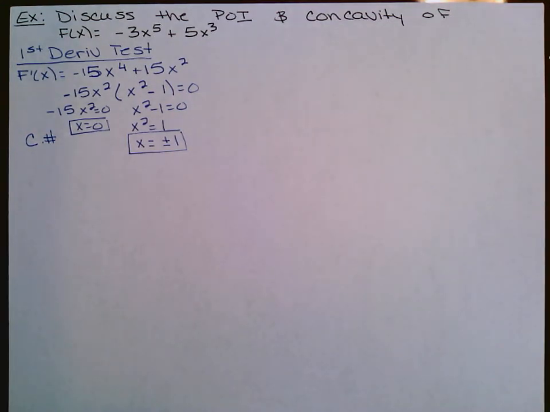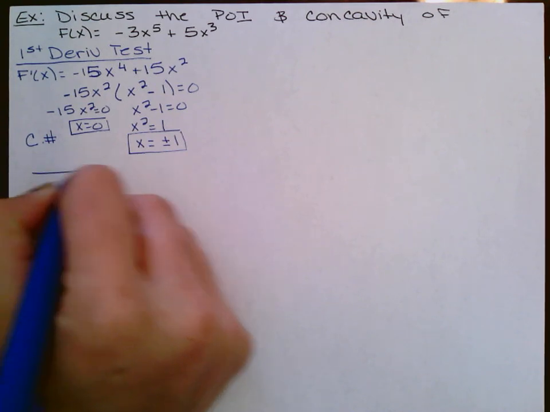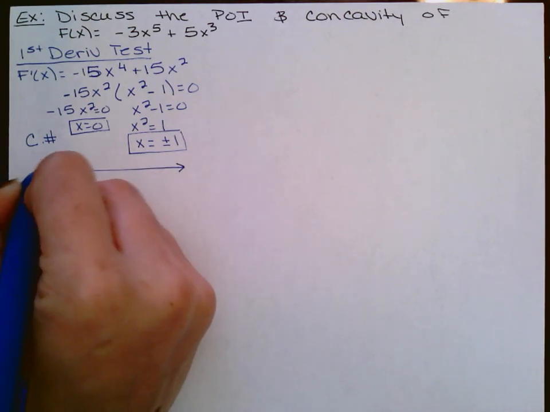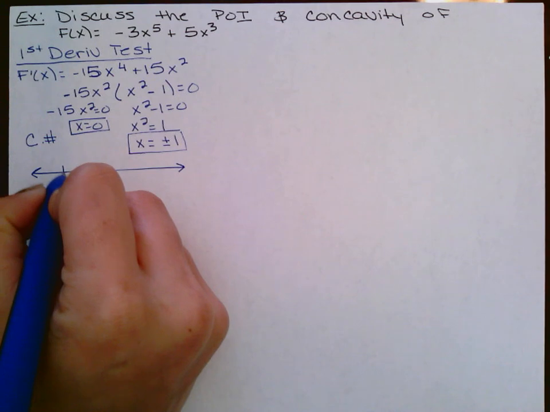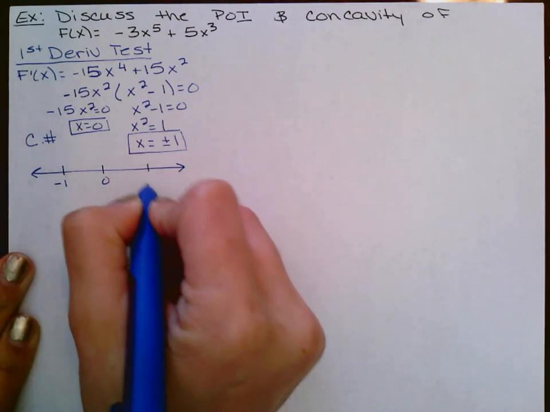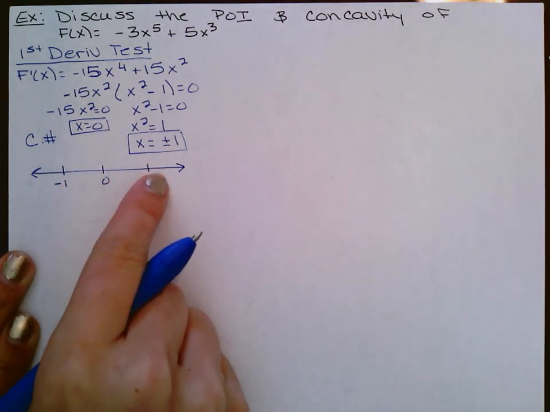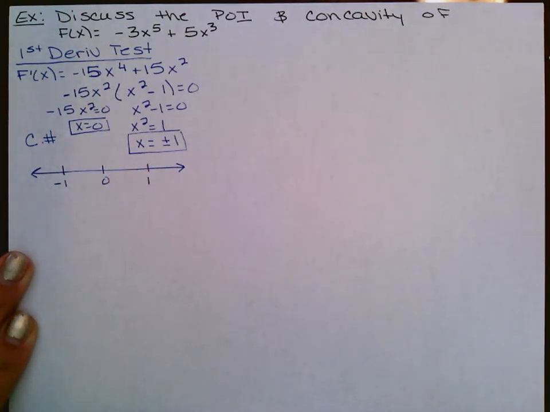So now I'm going to go ahead and put that on a number line. So we have -1, 0, and 1. Okay, so now we are checking 4 different spots. Okay, be careful with that.